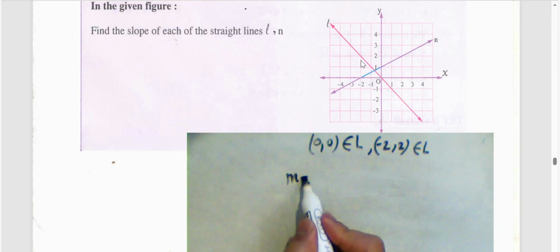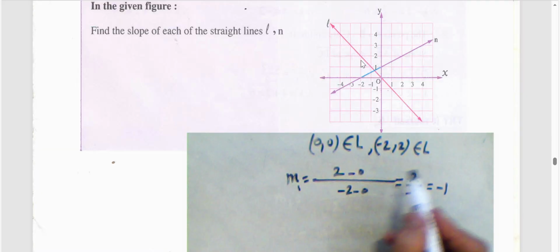Find the slope of each of the straight lines L and N. Okay, we can find the slope of straight line L by taking the coordinates of any 2 points belonging to the straight line L. Look here, the point 0 and 0 belongs to L. And also we have a point like -2 and 2, also belonging to straight line L. Then we can find the slope, right? 2 minus 0 over -2 minus 0. 2 minus 0 is 2 and -2 minus 0 is -2. The result will be -1.